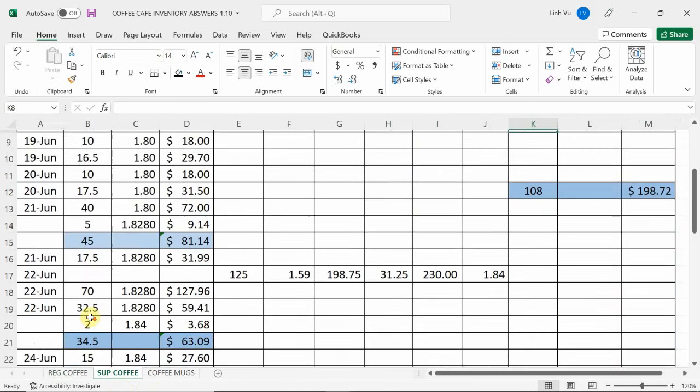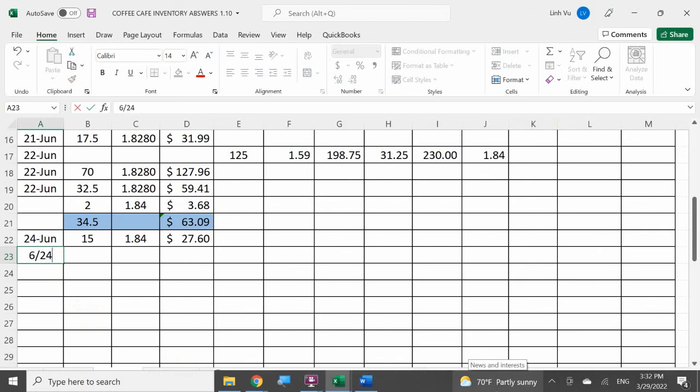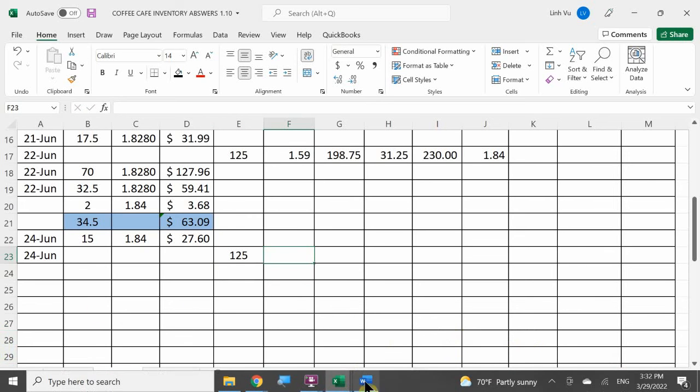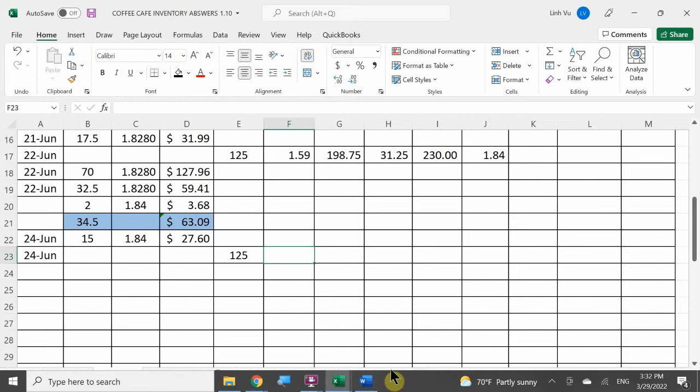So let's also update my Supreme coffee, right? It's the 24th, and we decided to purchase 125 at a price point of 161, right? That should give you your 201.25 plus the 31.25 for the freight.